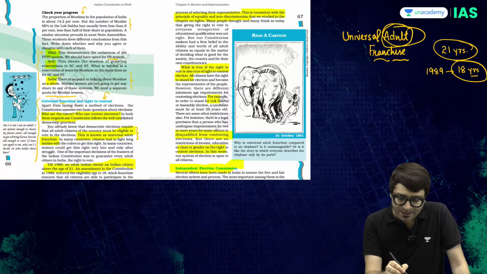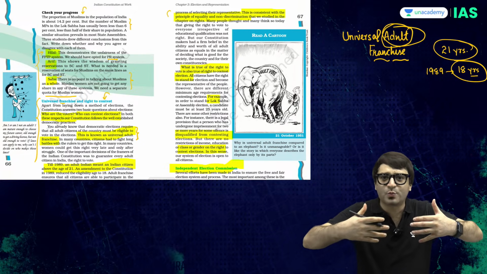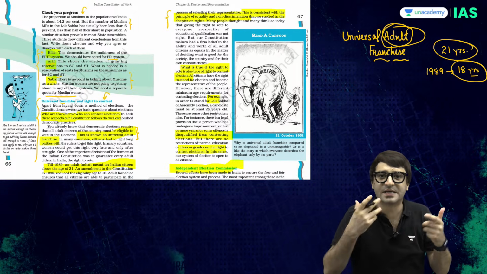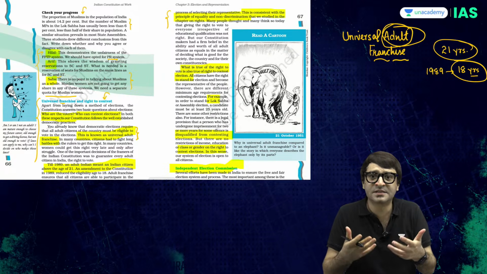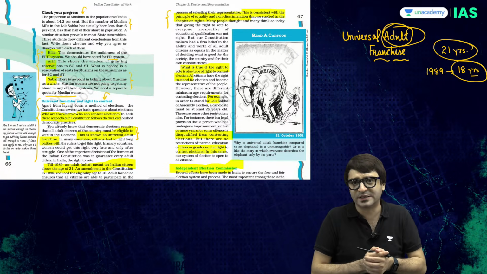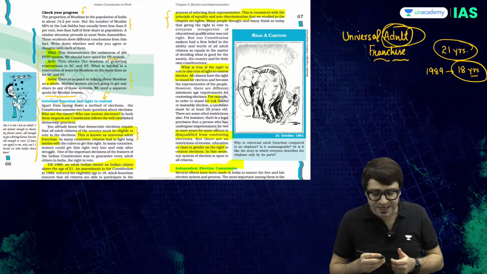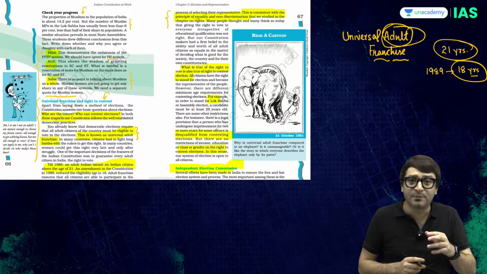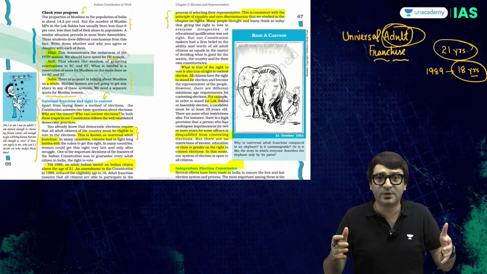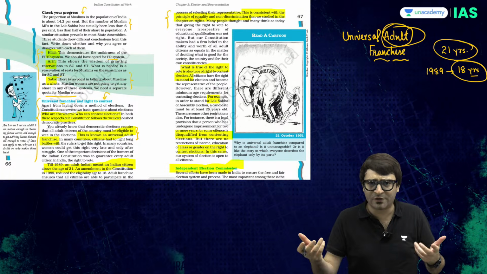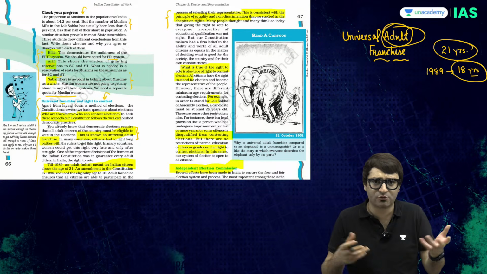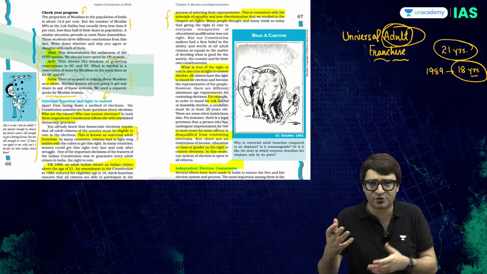And this is consistent with something that we discussed yesterday when we discussed rights in the Indian Constitution, the chapter wherein we said that there should be a principle of equality. Everybody should be treated equally. Whether you own property or not doesn't matter. Whether you have the educational qualification or not doesn't matter. What is your gender doesn't matter.